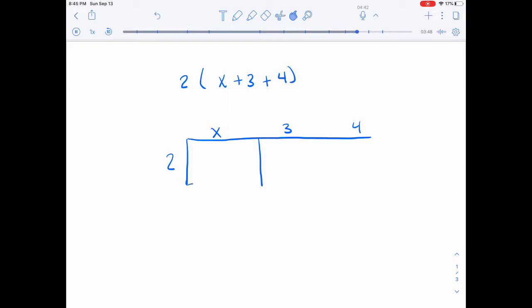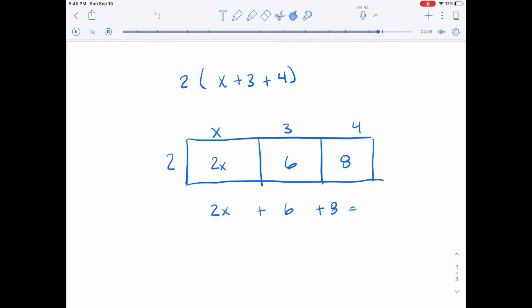Let's create my boxes. So 2 times x is 2x, 2 times 3 is 6, the product of 2 and 4 is 8. Therefore, the sum is 2x plus 6 plus 8. Simplifying the expression would be 2x plus 14.